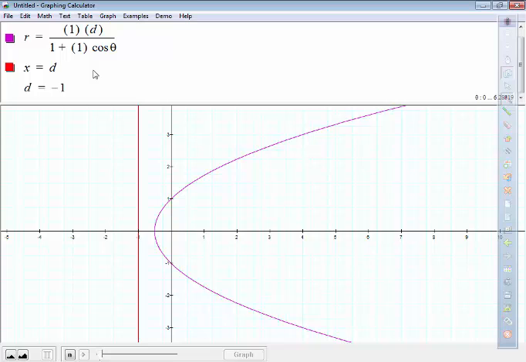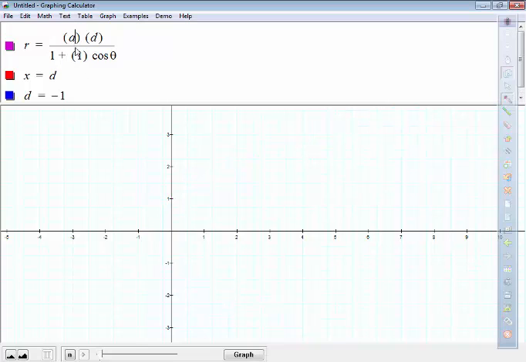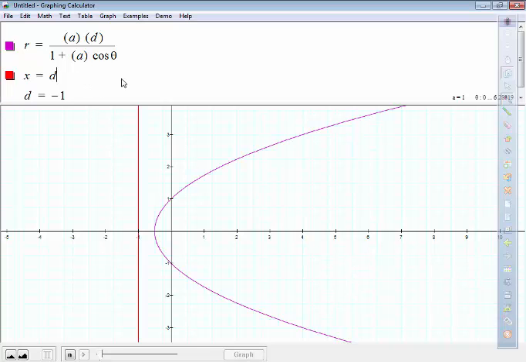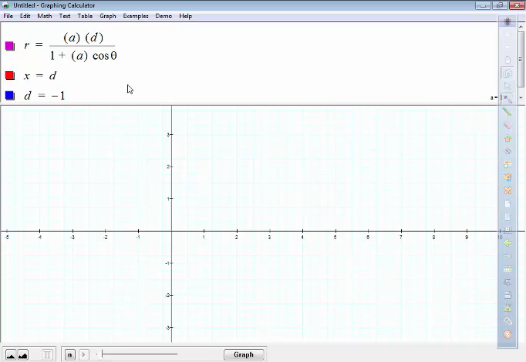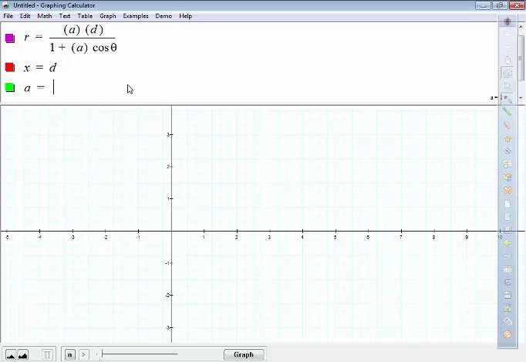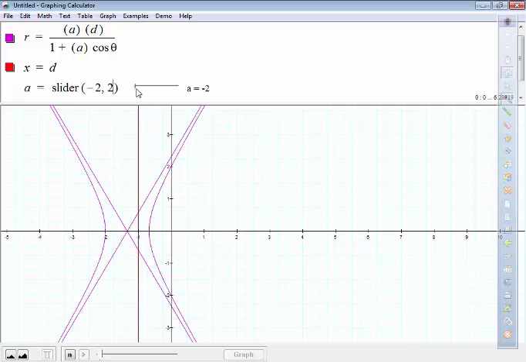So let's call it A. Oops. We want, what's an ellipse? Ellipse has to be between, what's eccentricity for an ellipse? Less than 1. So let's go from 0 to 1.